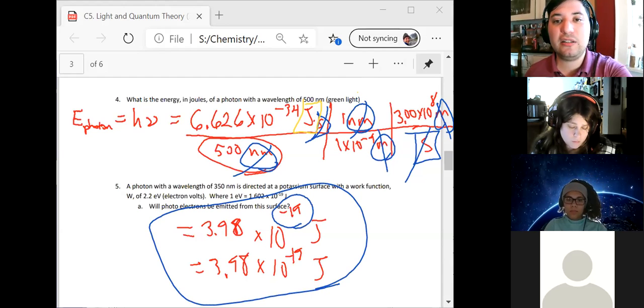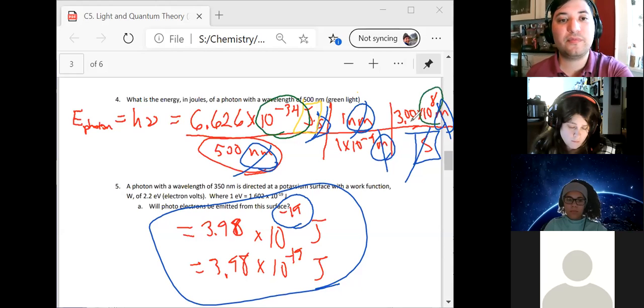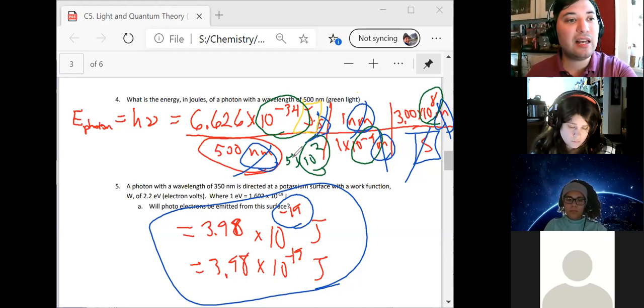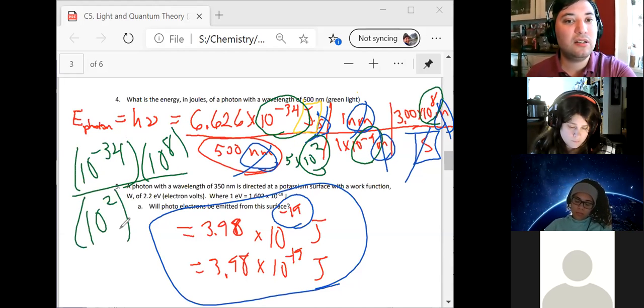And what we can actually do is check if that seems reasonable. So let's look at only our powers. And then this is equivalent to 5 times 10 to the second. So that's 10 to the second. So that means I have 10 to the negative 34th times 10 to the 8th divided by 10 to the 2 times 10 to the negative 9.